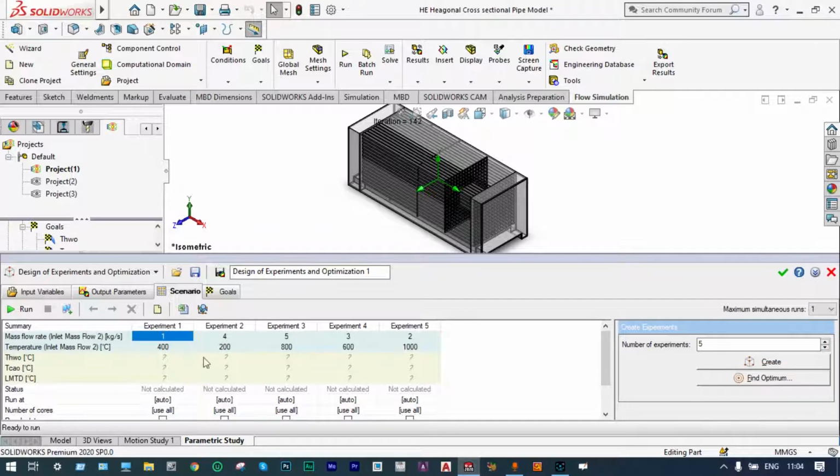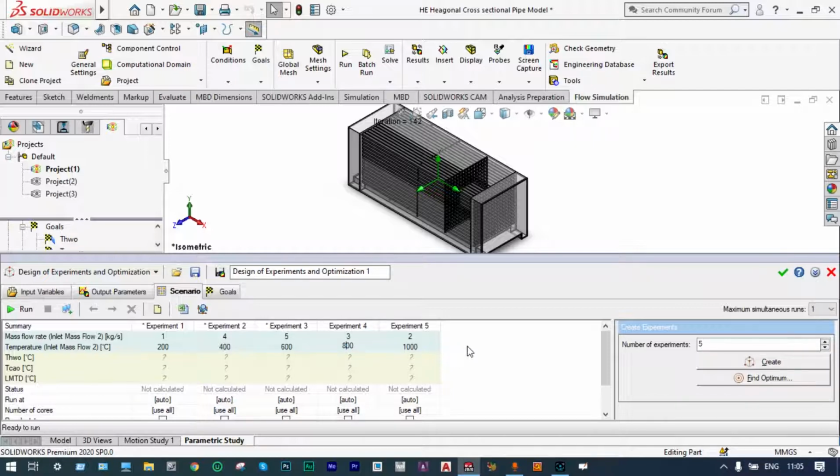Let us create those temperature ranges in a specific order. Initially, we want the temperature to be 200 degrees centigrade. The next one will be 400 degrees centigrade. The third one will be 600 degrees centigrade, the fourth one should be 800 degrees centigrade, and the final one will be 1000 degrees centigrade.